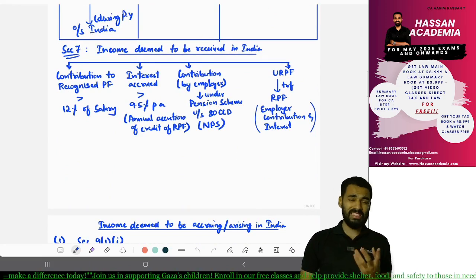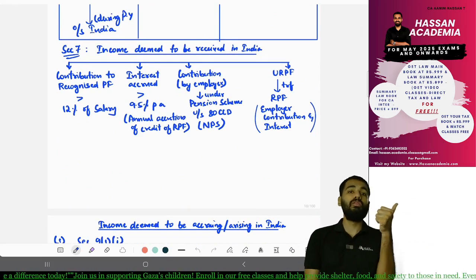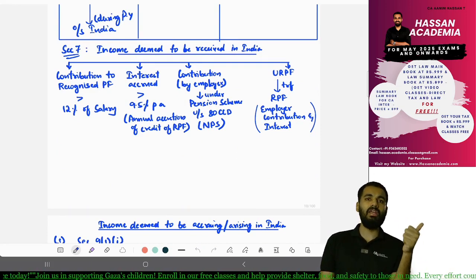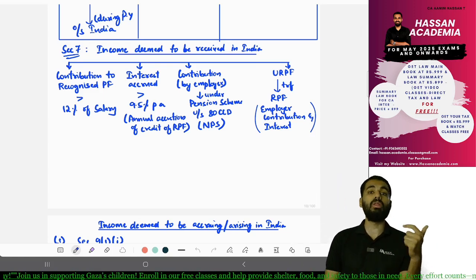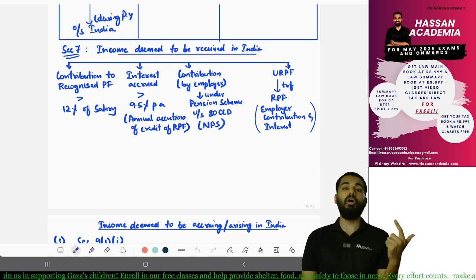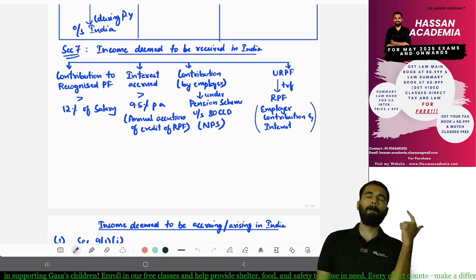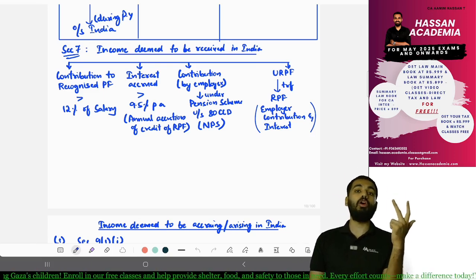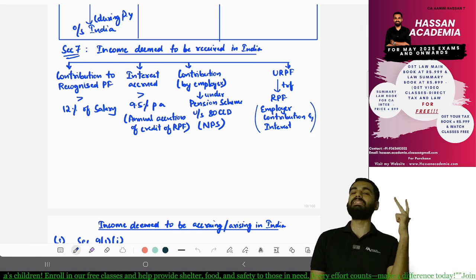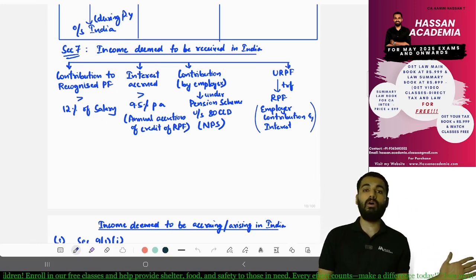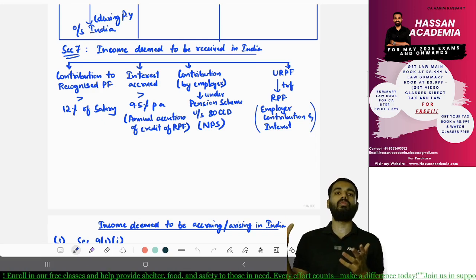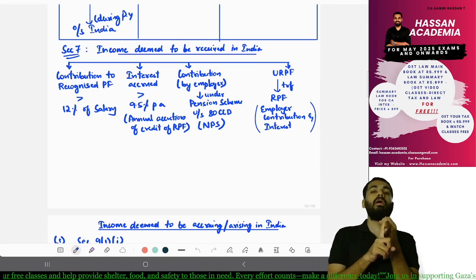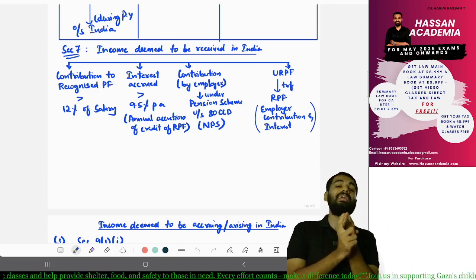As per section 7, if the employer's contribution to a recognized provident fund is more than 12% of the salary, or the interest accrued is more than 9.5% per annum on the recognized provident fund, or you are getting contribution to the New Pension Scheme under section 80CCD. Next, if an unrecognized provident fund is transferred to a recognized provident fund, the employer's contributions or the interest also.